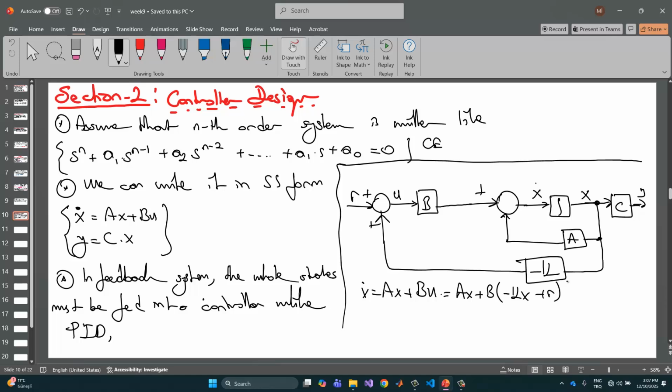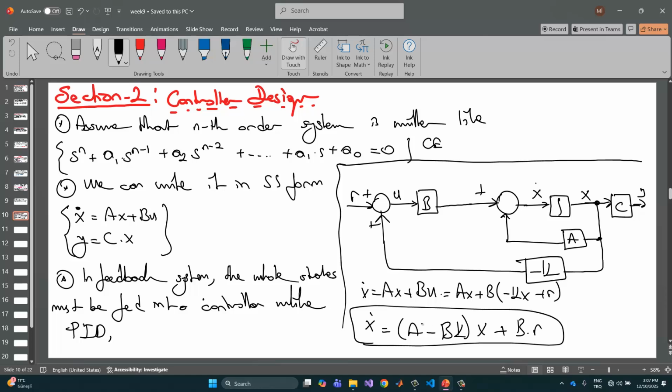Okay? So what is the meaning of this? If this is the case, x dot equals what? We have the x vector in here, like (A minus BK) x plus B times r. We have this kind of system. Just remember that this is our characteristic equation in the state space form.